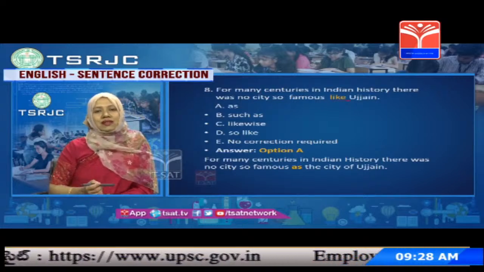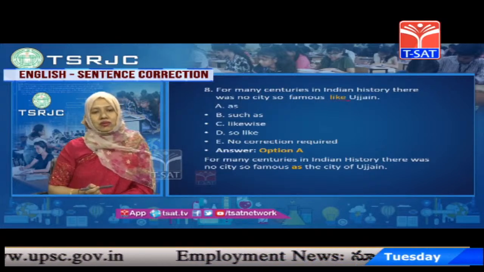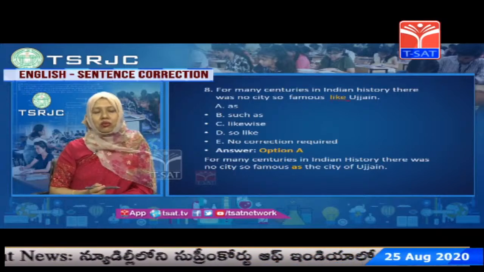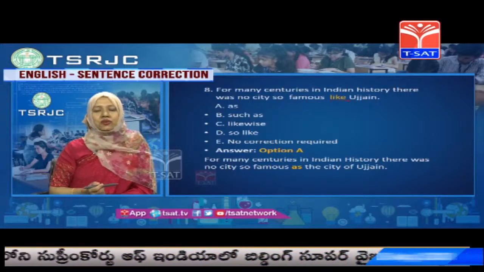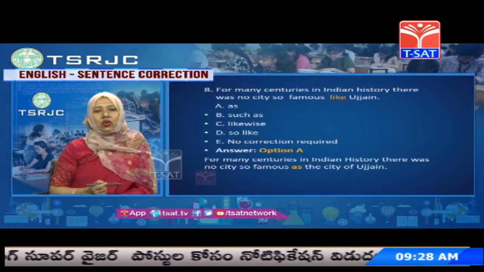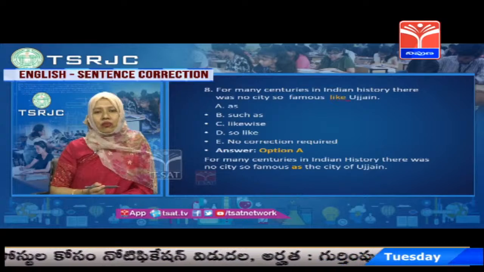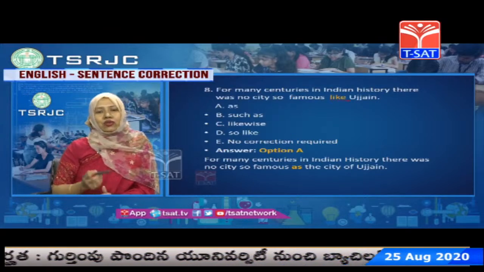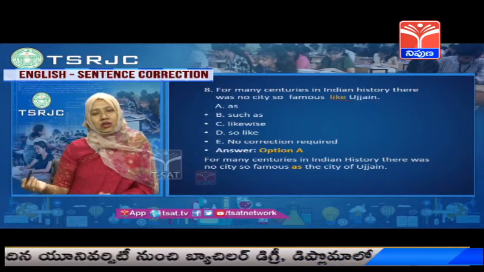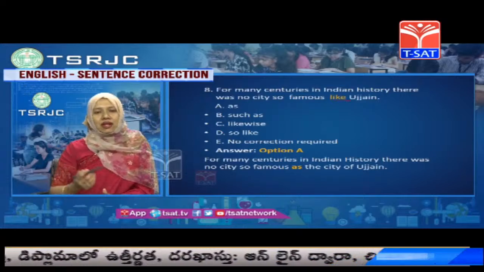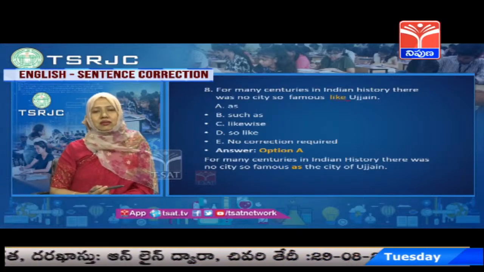You have to replace like with other options. What are the other options? Option A is as, option B is such as, option C is likewise, option D is so like, option E is no correction required. In the earlier episode I explained that we use as, like, so, etc. to compare. So again here in this sentence there is a comparison.